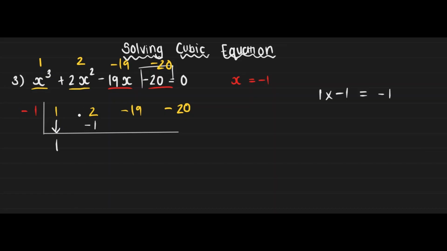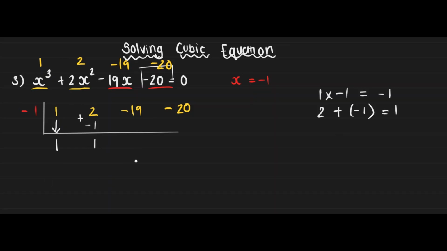Then you're going to add 2 and negative 1. Always remember in your calculator, you put it in bracket form. 2 plus negative 1 is going to give you positive 1. So the number that's going to come here is positive 1.